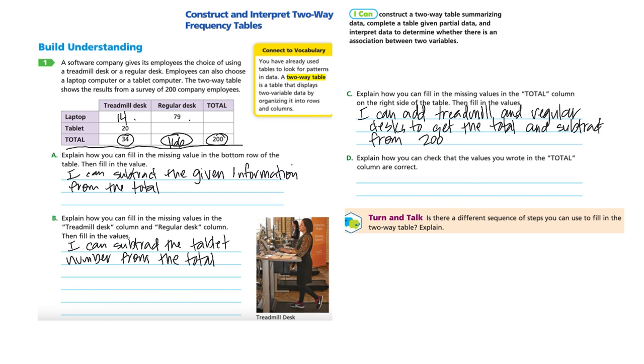So if we do 14 plus 79, that would be 93. And then 200 minus 93 is 107.